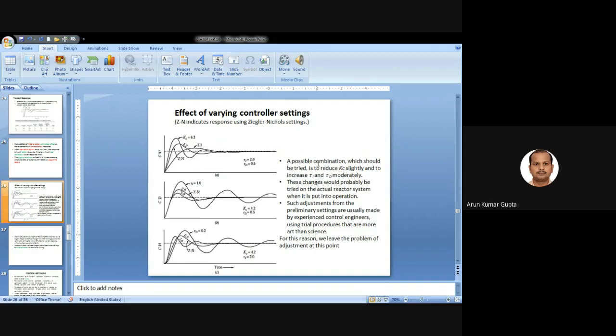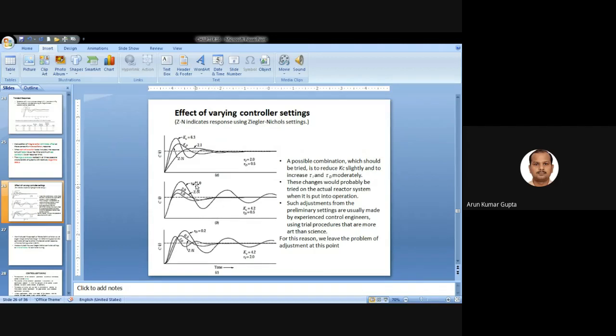A possible combination which should be tried is to reduce Kc slightly and to increase tau I and tau D moderately. These changes would probably be tried on the actual reactor system when it is put into operation. So this is just the theory point of view, but from the graph you can see the different parameters.